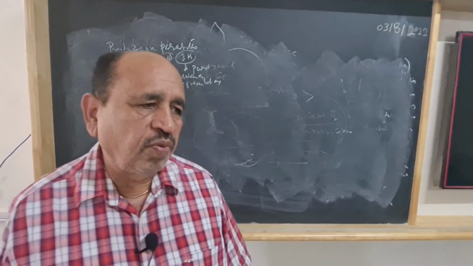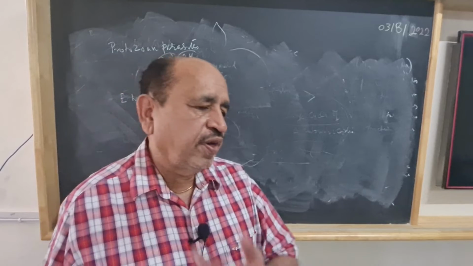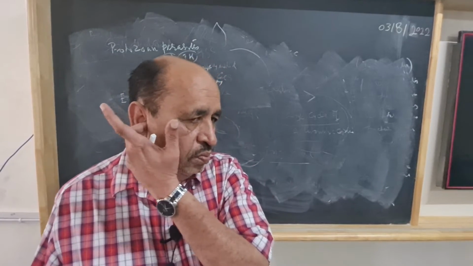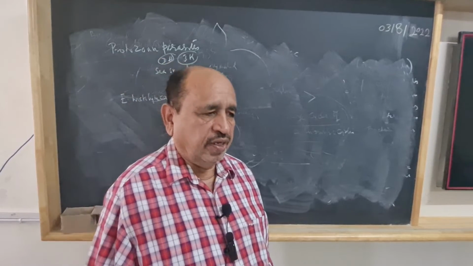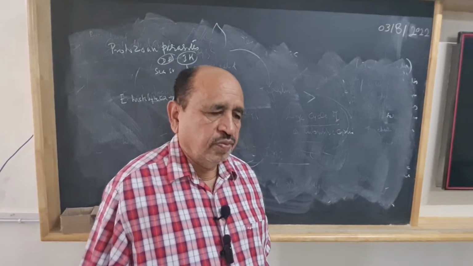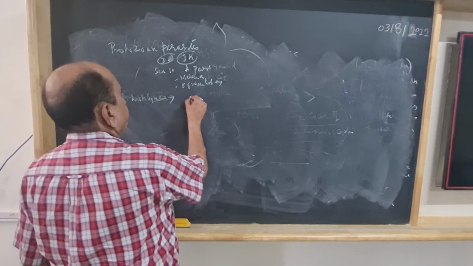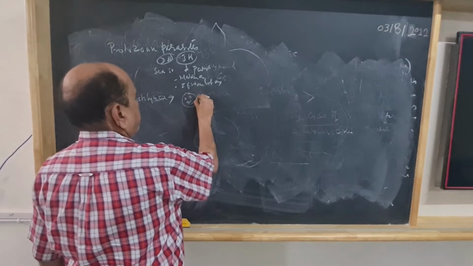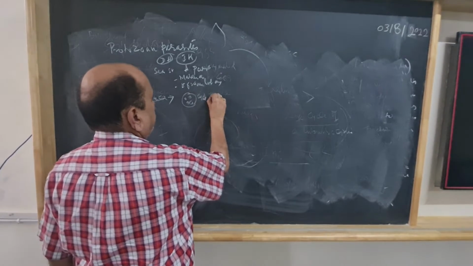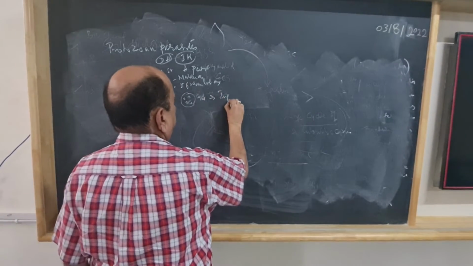Entamoeba histolytica. How does man get infected? What is the infective form? Quadrinucleate cyst. Ingestion.